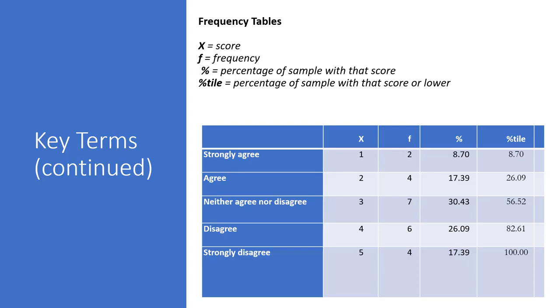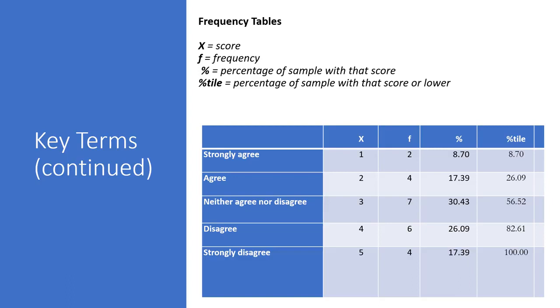The percentile is the percentage of scores that are at or below the given value. So if we look at the lowest score possible, the percentile and the percentage are the same because it's the lowest score. But if we go up to the second score, the way you're going to get that 26.9 is you're going to take 2 plus 4, because those are the 2 lowest scores.